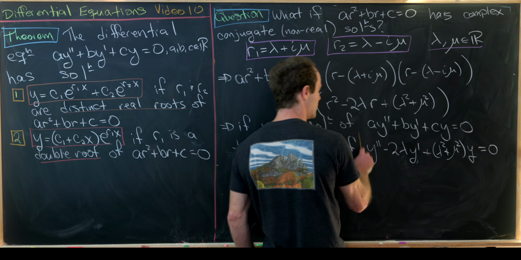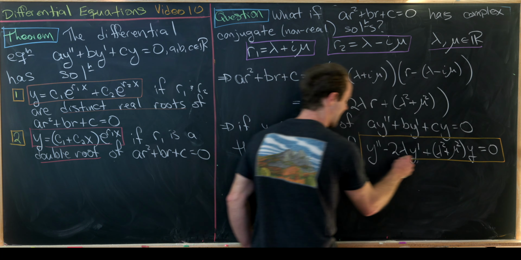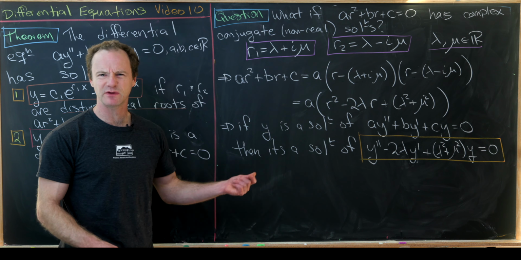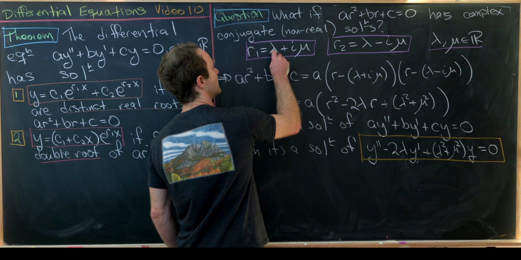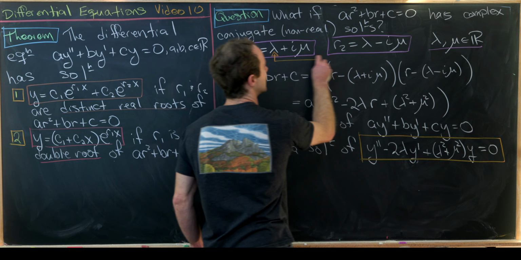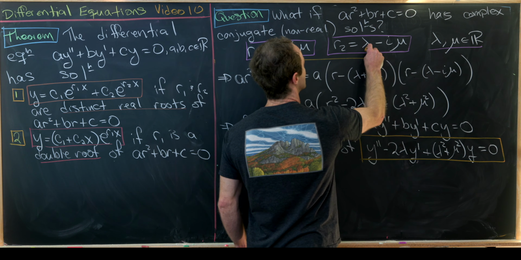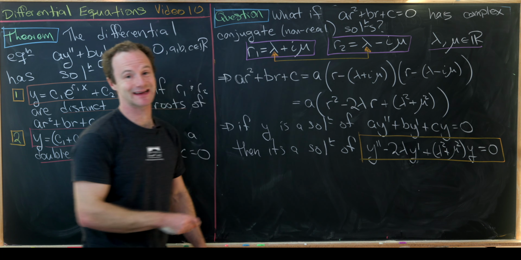So now let's hone in on this format for our differential equation. That'll be more useful for where we're going. Let's also hone in that the real part of both of the roots is equal to lambda.